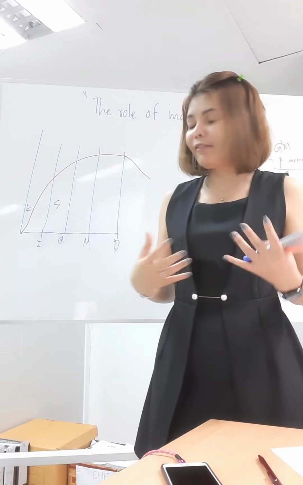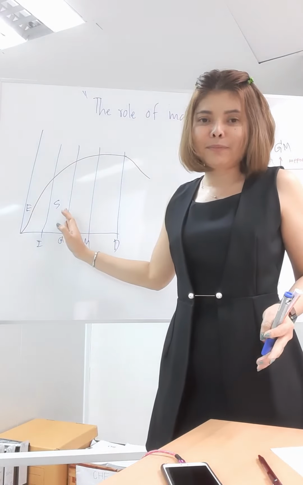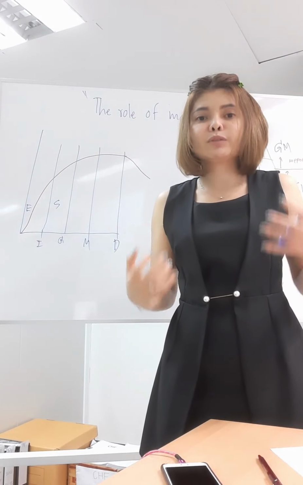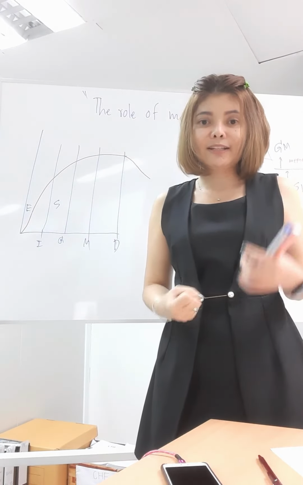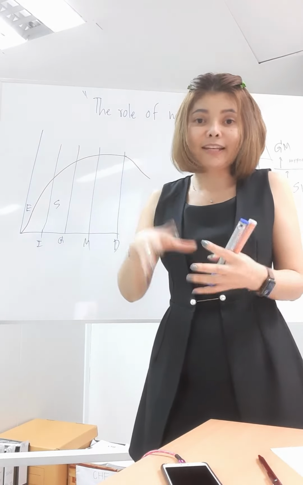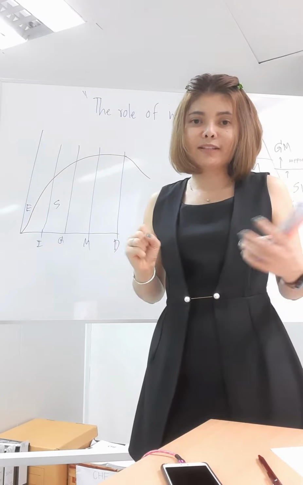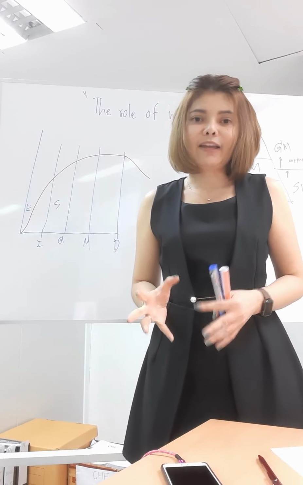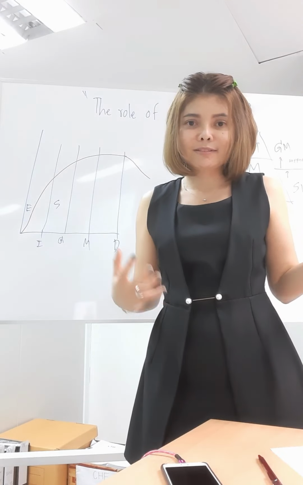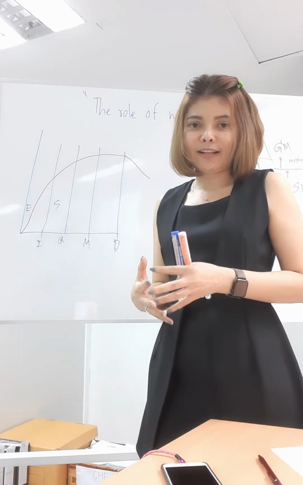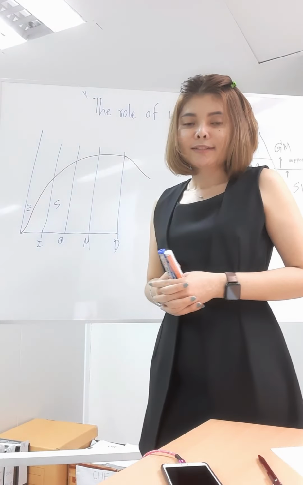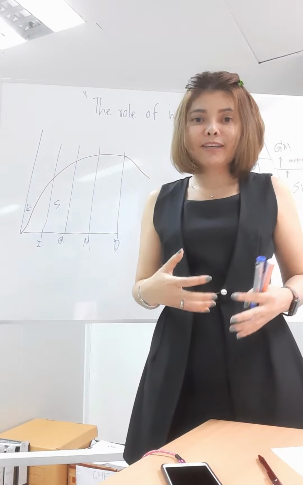When the company can increase sales, we need a lot of people to work for the company, right? If the company can increase sales, that means every staff member can continue working with the company.